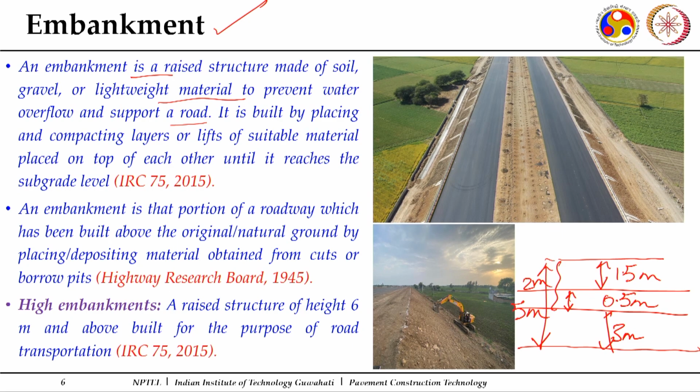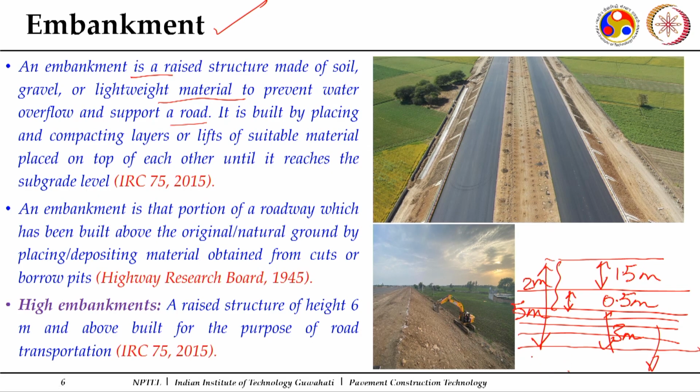So that's why we always want to construct a road surface which is much above the water level or high flood level. So when you need to raise these levels very high, you need to construct some more layers, and these layers will come under the embankment construction.